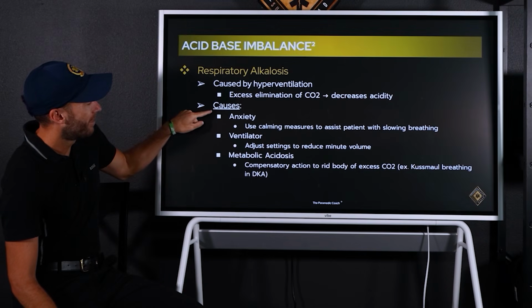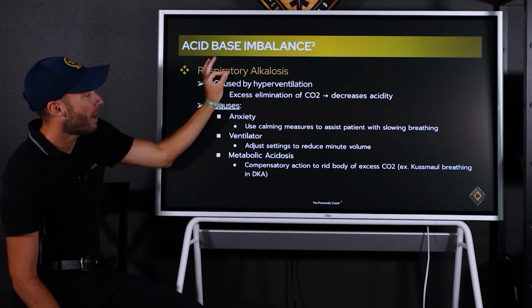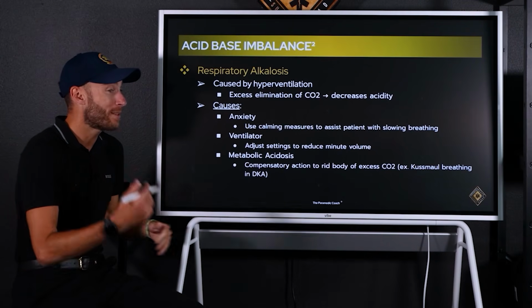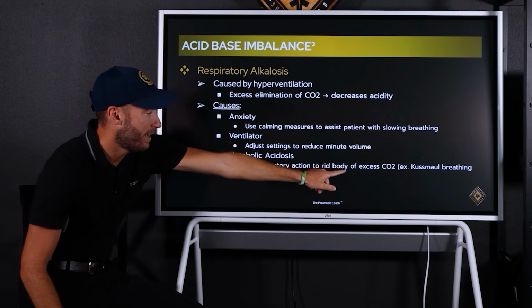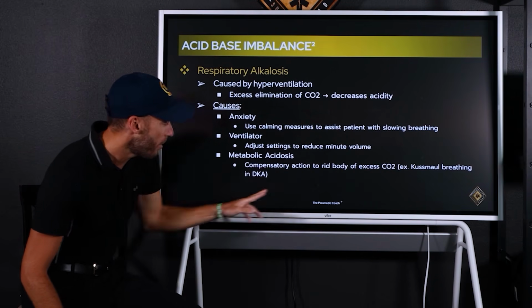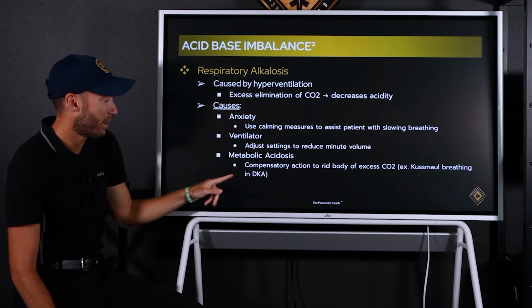One of the causes of respiratory alkalosis, which is caused by hyperventilation, can be a compensatory action to rid the body of excess CO2 through Kussmaul breathing in DKA, and do not get confused with that.